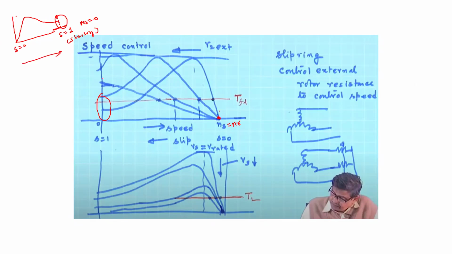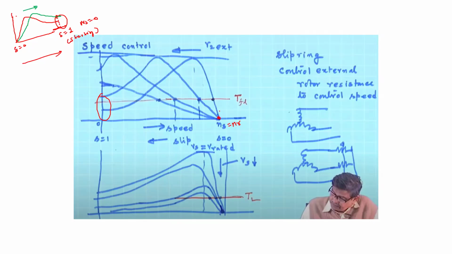That is all. What sir is trying to say is, we have seen earlier that if we connect the rotor resistance in the slip ring induction motor, the curve shifts toward the right side.